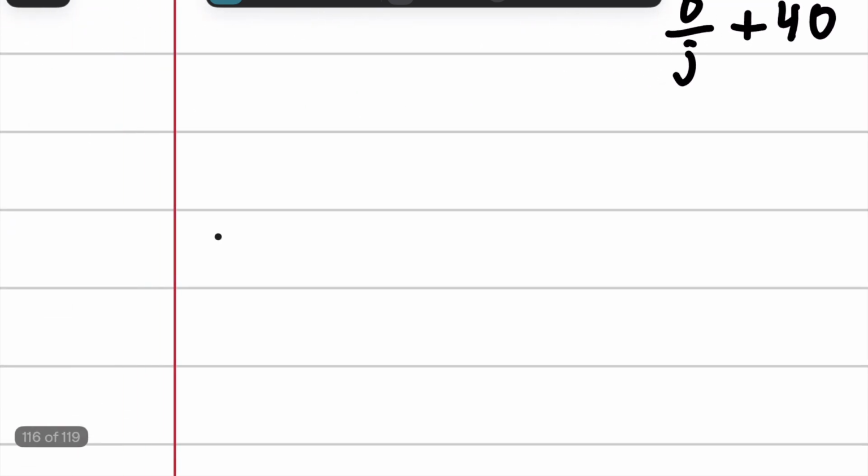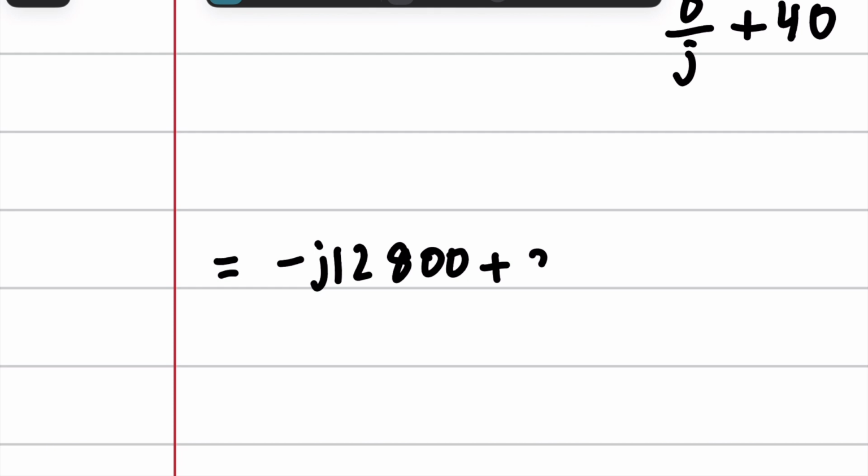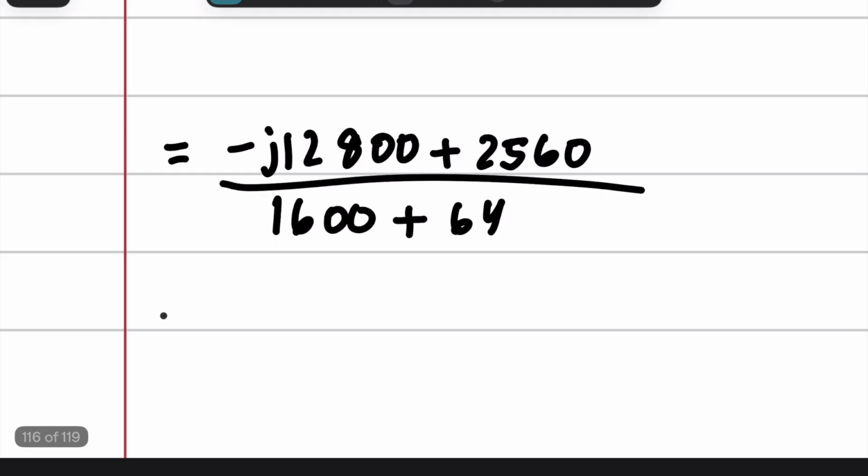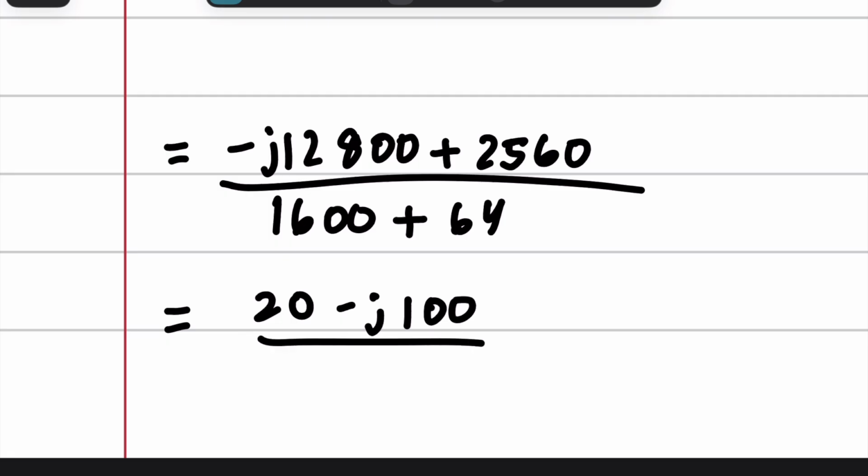So the top effectively becomes negative J 12,800 plus 2,560 over 1,600 plus 64. And if we simplify this down, we get 20 minus J 100 over 13.